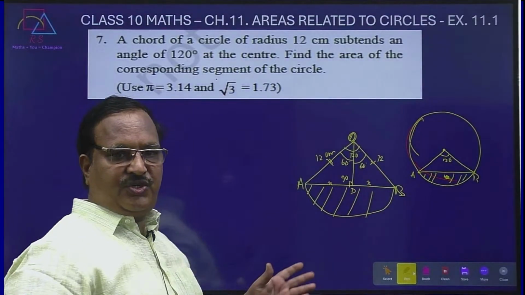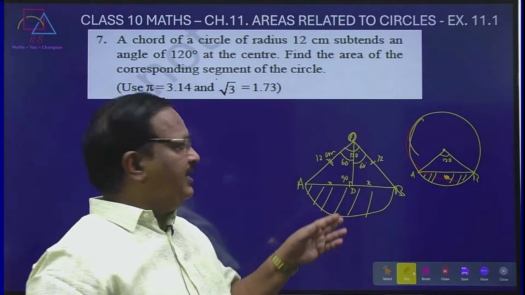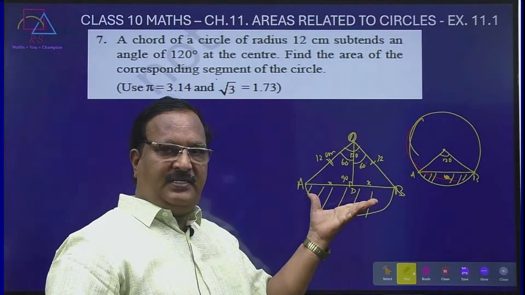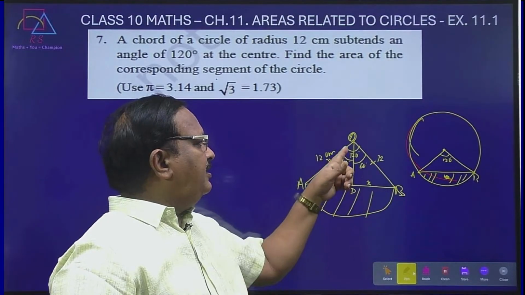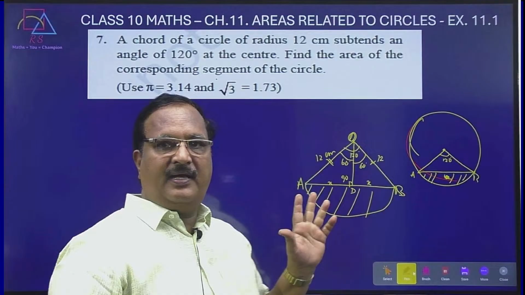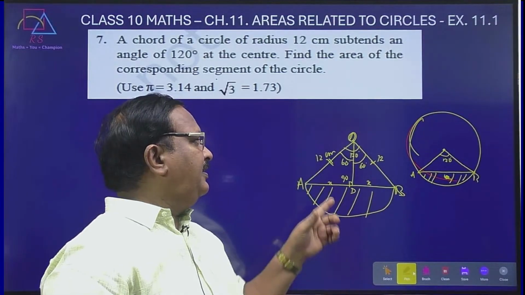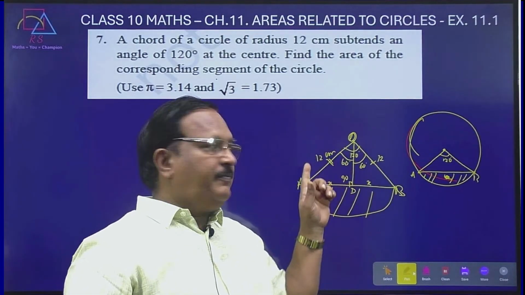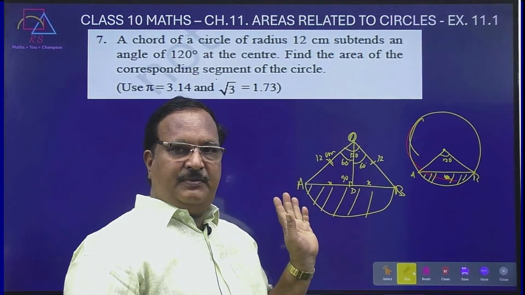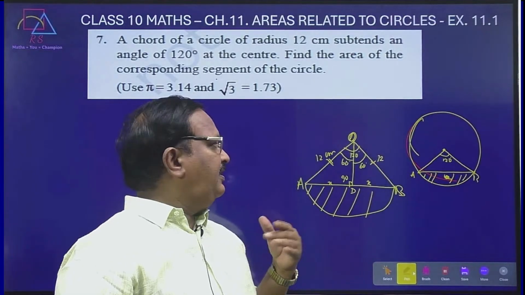In an isosceles triangle, if you draw a perpendicular, the base is bisected and also the vertical angle gets bisected. You have learned this in class 9. You can write that statement: OAB is an isosceles triangle, OD is perpendicular by our construction.